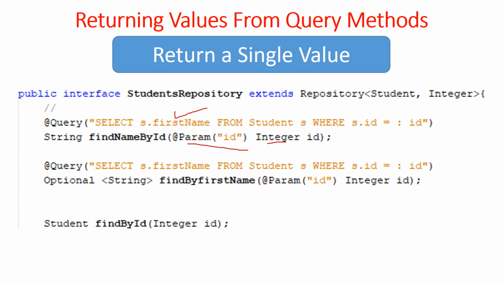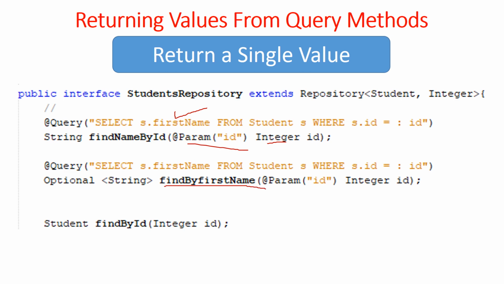Similarly, we may want a single or optional null value. There may be a possibility that some values are available or not. We use Optional: select firstName from Student s where s.ID is equal to ID, and here is findByFirstName.